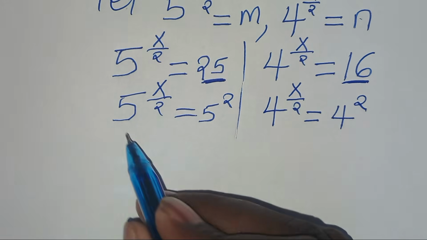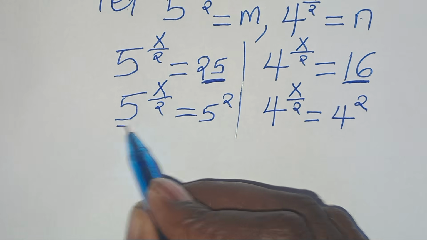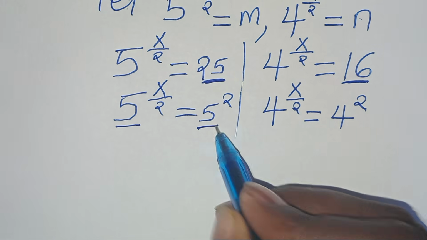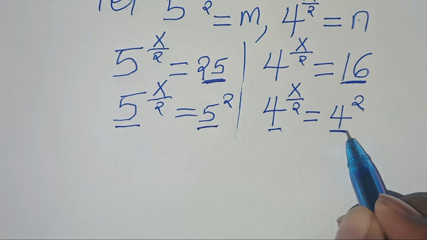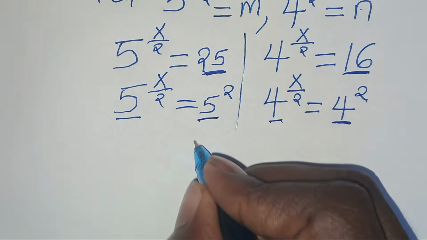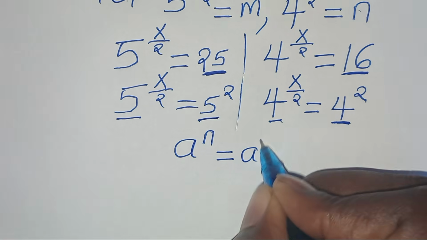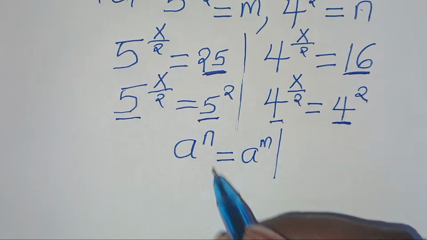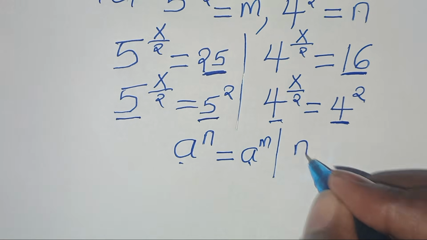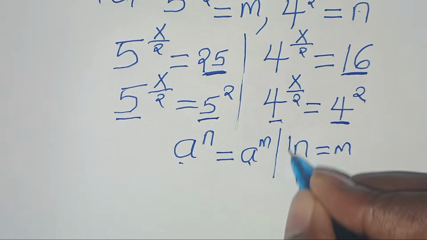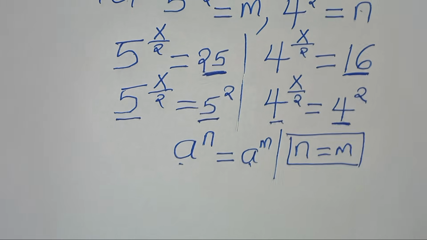Now, if we check, the bases are common here, and also common here. That is to mean that a raised to the power of n equal to a to the power of m, so since the bases are common, then n should be equal to m.